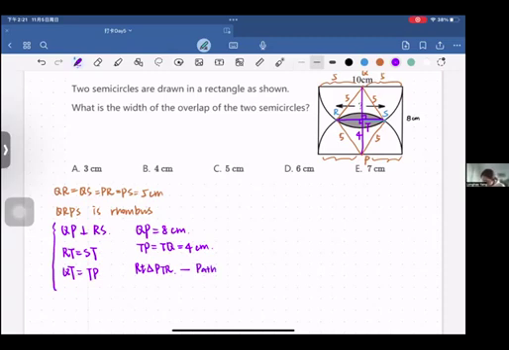The sum of the squares of the two sides is equal to the square of the hypotenuse. So RT squared plus TP squared equals RP squared. Let's put in all the numbers: RT squared plus 4 squared equals 5 squared. Then we can find the length of RT: RT equals 3 in the end.